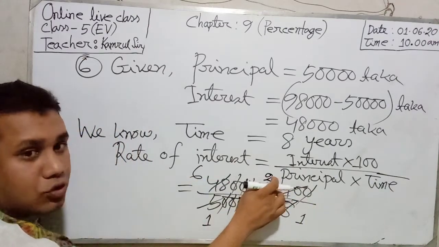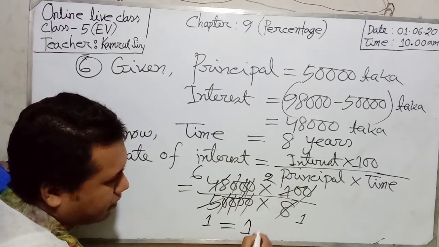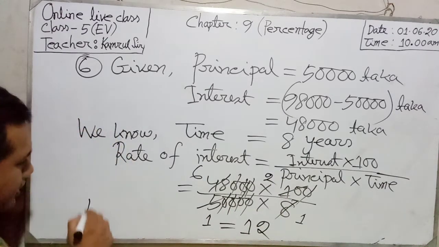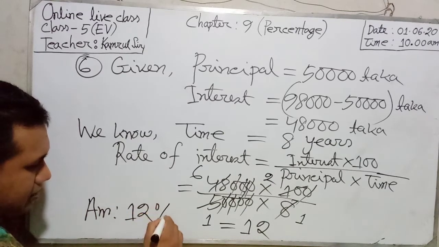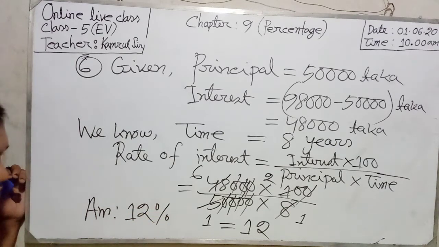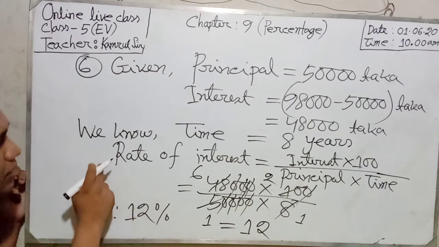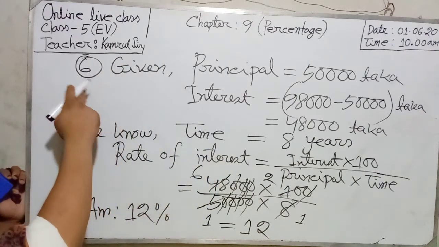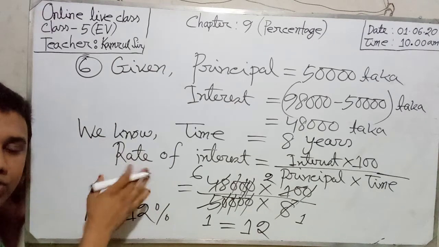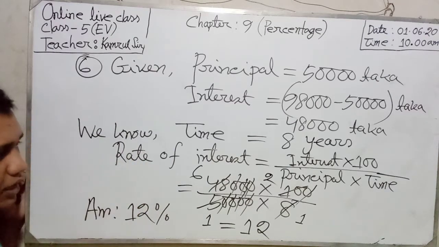Now this 6 and 2, if we multiply, is 12. So our answer is 12%. Clear? This is our required rate of interest. So these problems 4, 5 and 6 we solved by using our formula. And I think this is very simple maths.